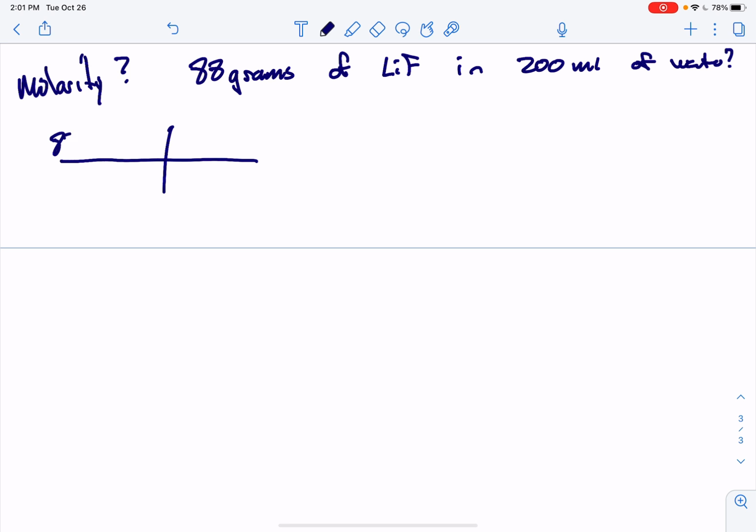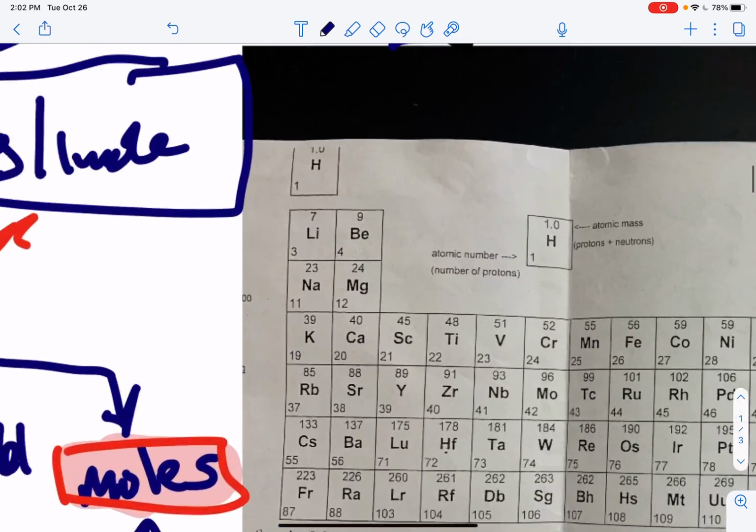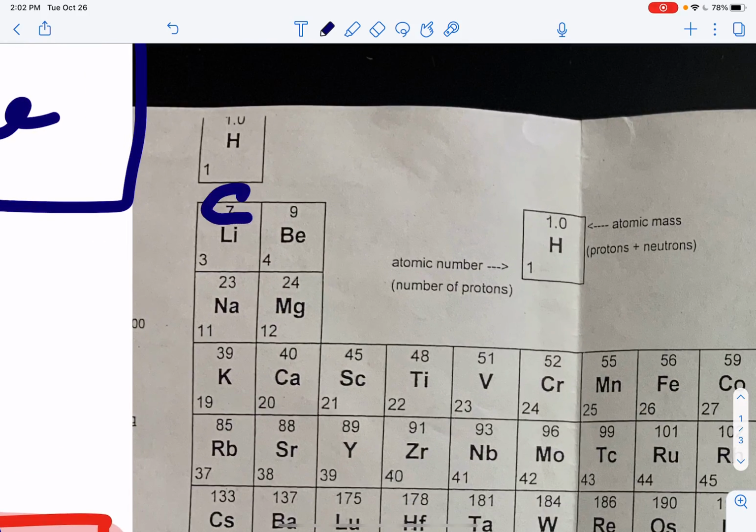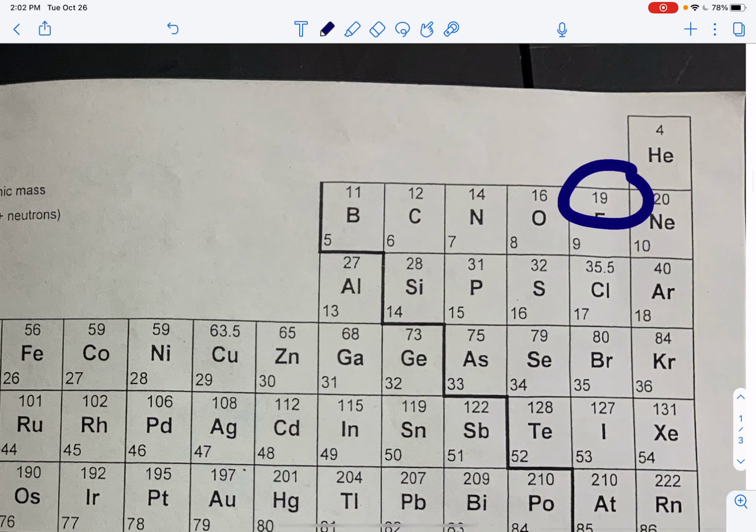I have my 88 grams of LiF. All right, I know that this unit here goes down here, so grams of LiF. So I need to find the molar mass of LiF. So I come up here. Li is 7. F is over here, and it's 19.